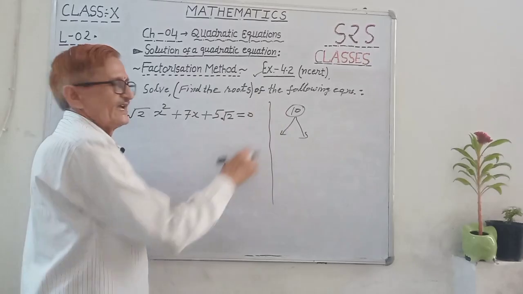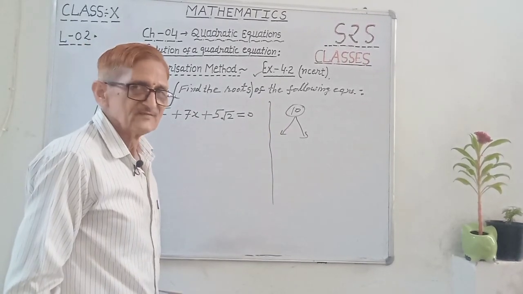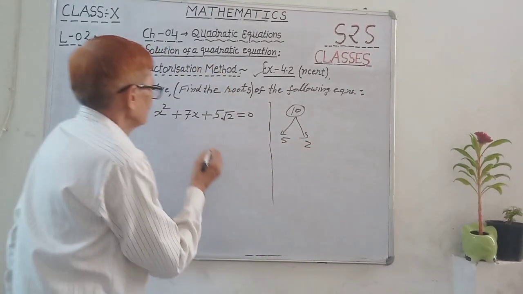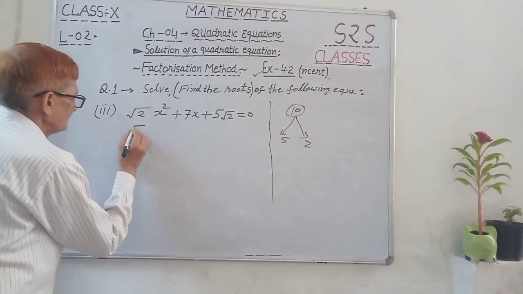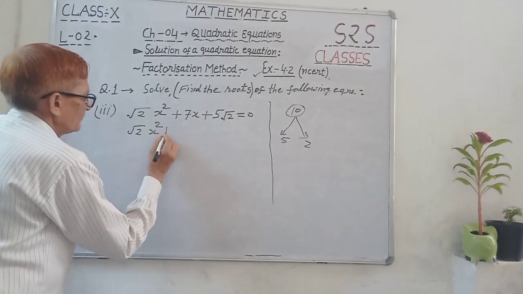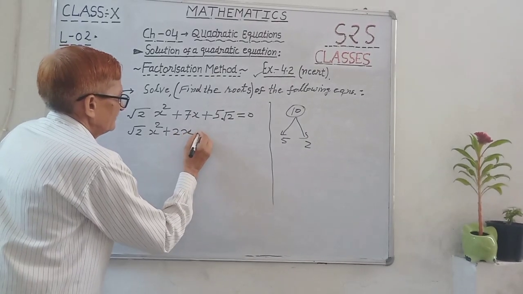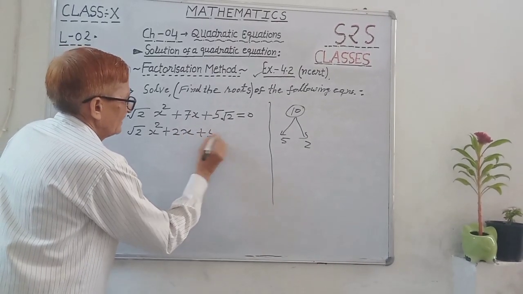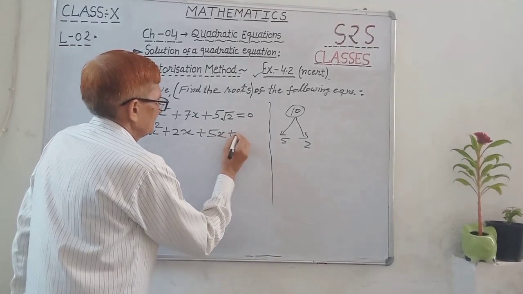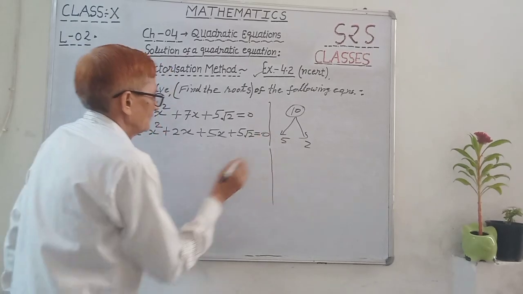So 5 times 2 is 10, and 5 plus 2, both positive, product is positive 10, then the sum is 7. So then 5 and 2. So then we can say root 2x square plus 2x plus 5x plus 5 root 2 is equal to 0.